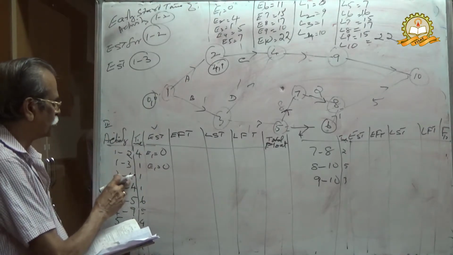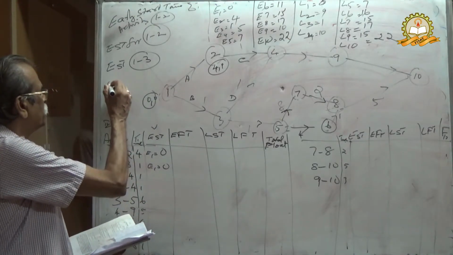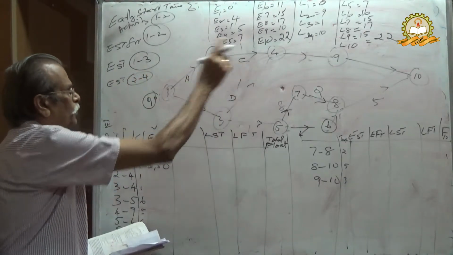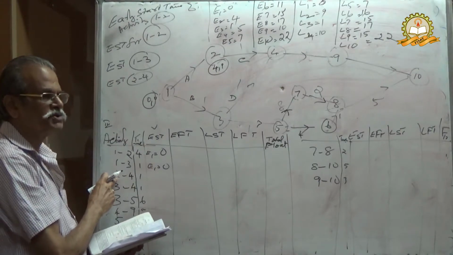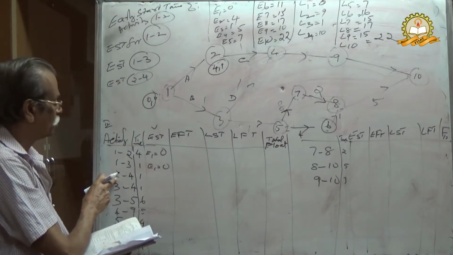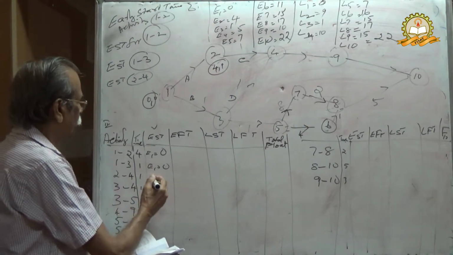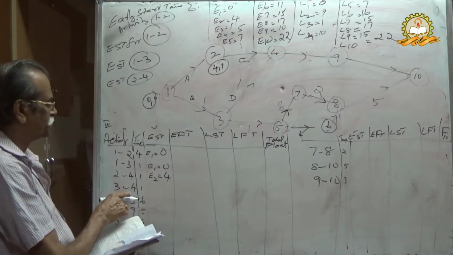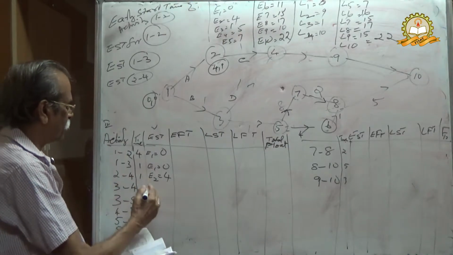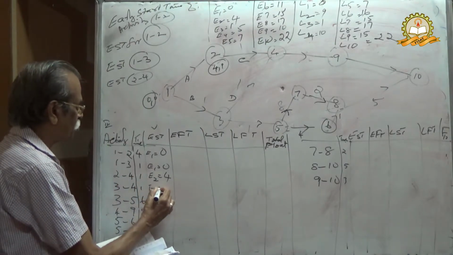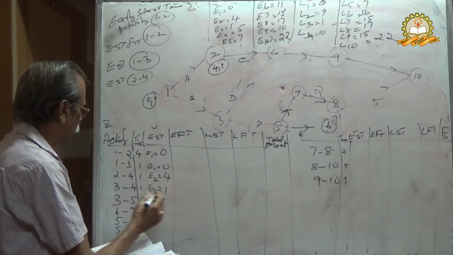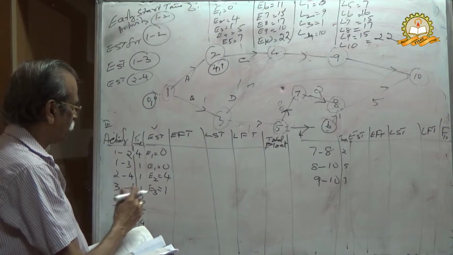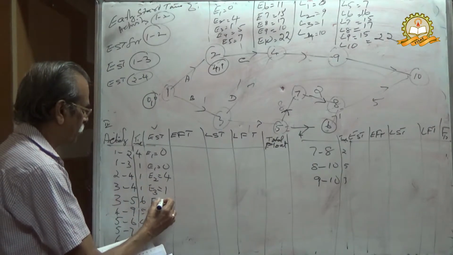Then 2 to 4. Again similarly, EST for 2 to 4. Here you can see 2 is the starting point. E2 equal to 4. Then for activity 3, E3 equal to 1, and again 3 to 5, E3 equal to 1.